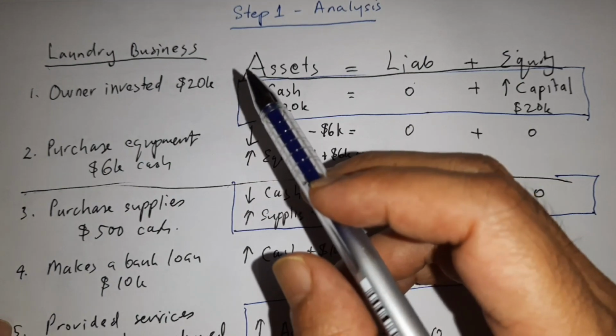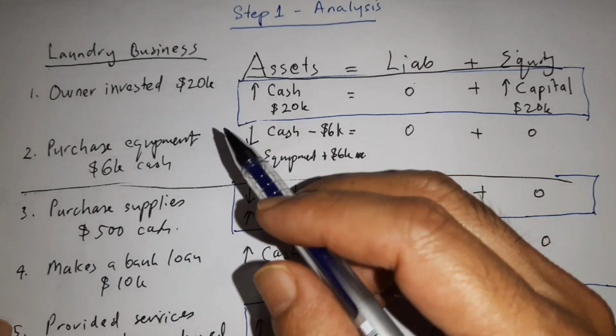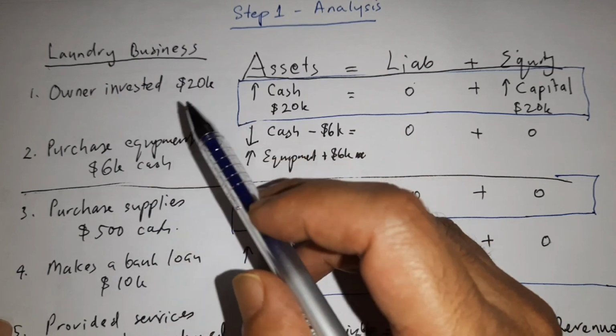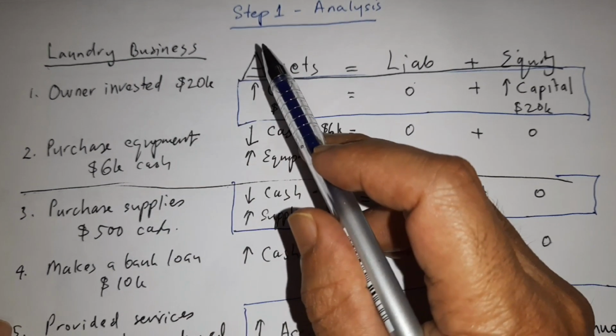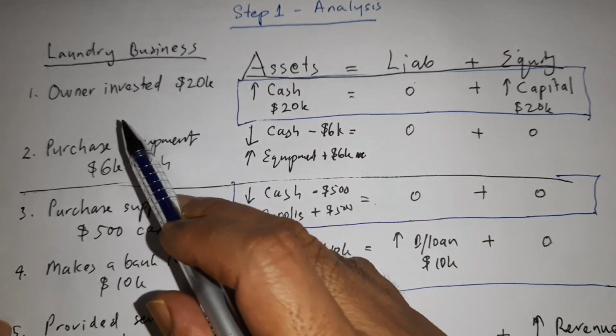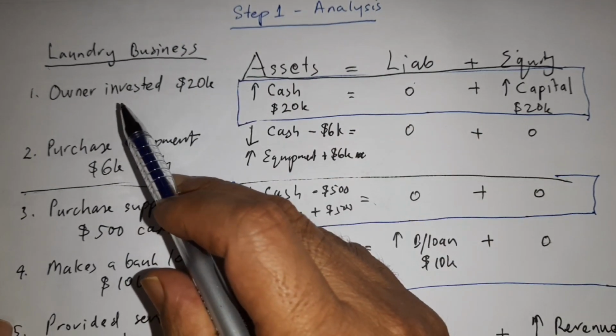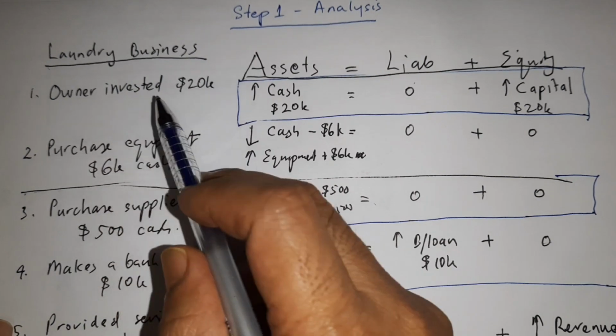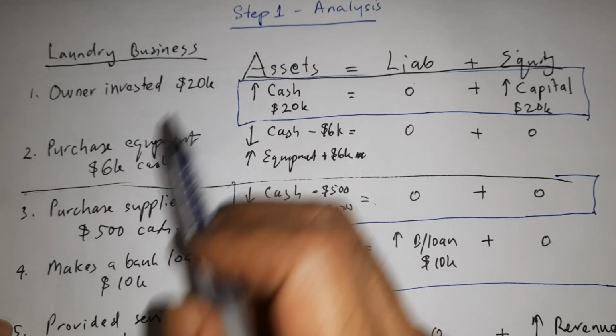So the accounting cycle starts when the business does a business transaction. The first step in the accounting cycle is the analysis. In this example, the first transaction done by the business is the owner of the business invested $20,000 into the business.